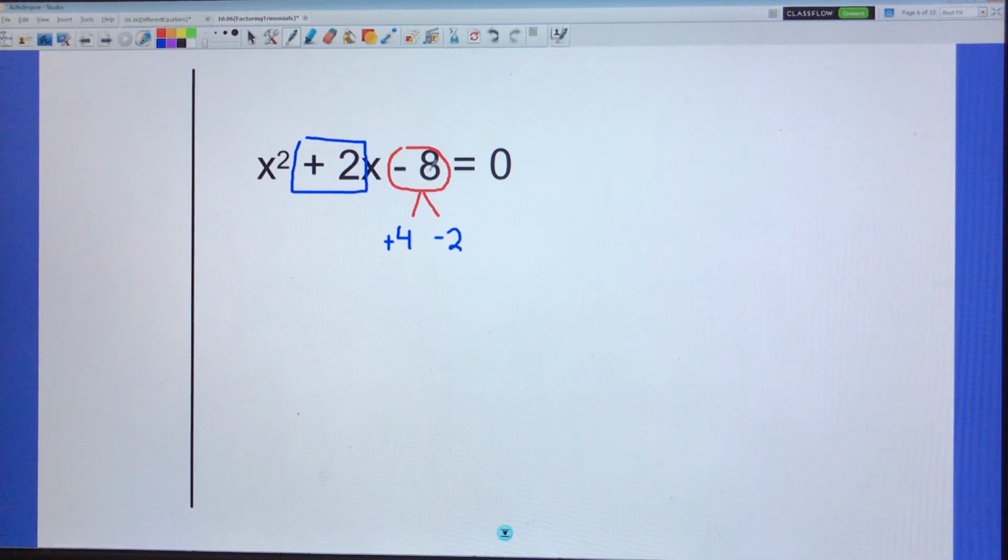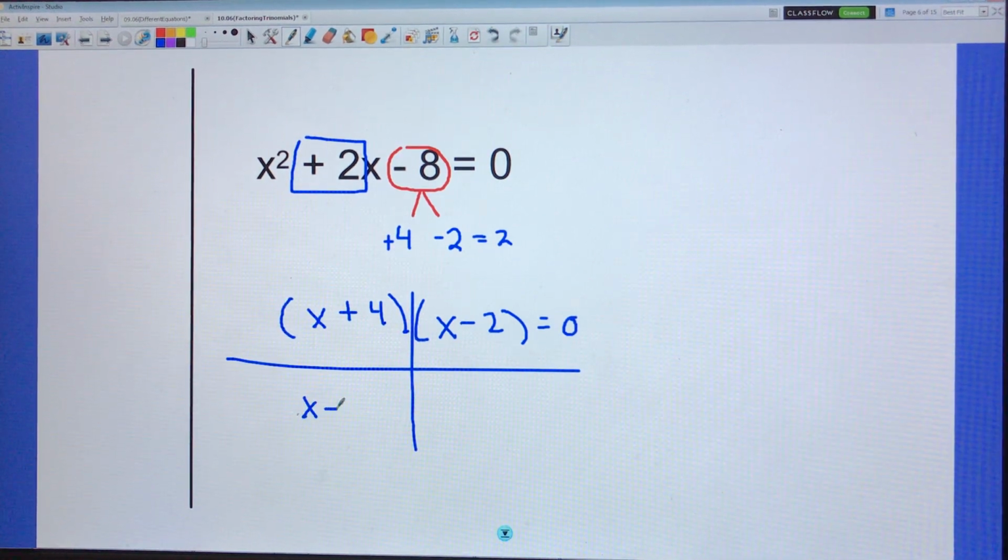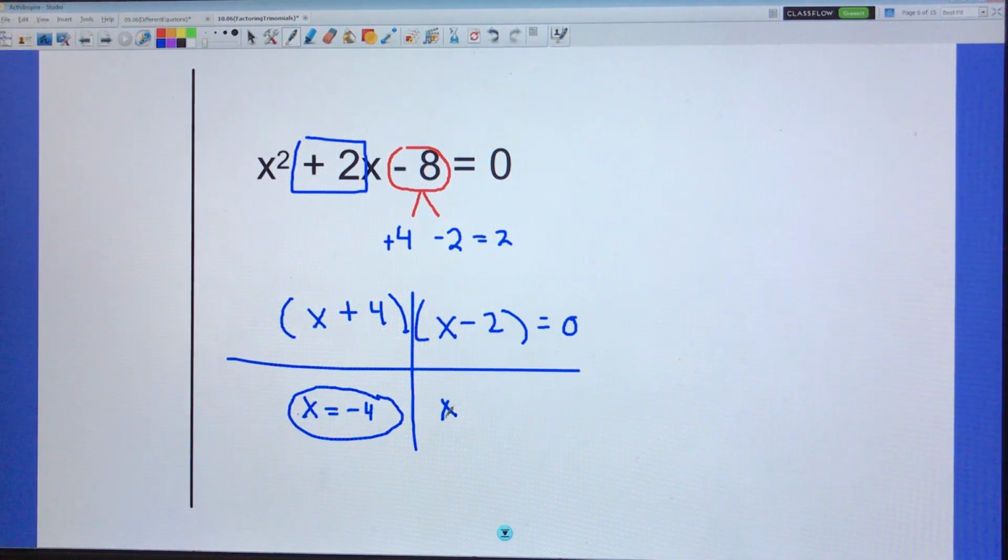Positive 4 times negative 2 is negative 8, and then positive 4 minus 2 is positive 2, which we wanted, the middle number. So it's going to be x plus 4, x minus 2 equals 0. Again, your solutions are simply the opposite: x equals negative 4 and x equals positive 2.